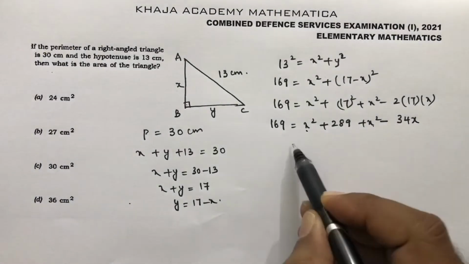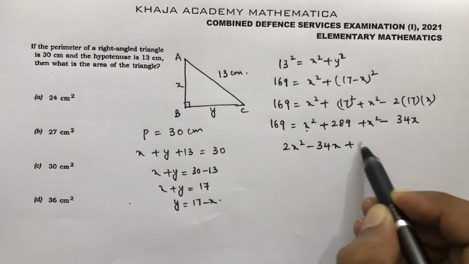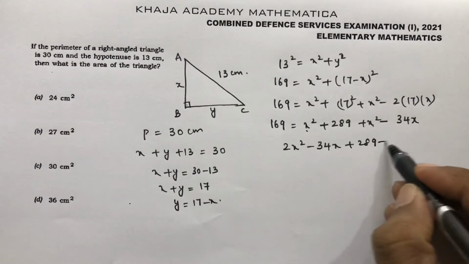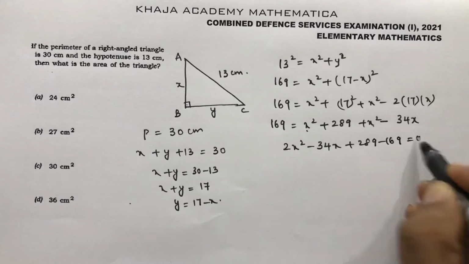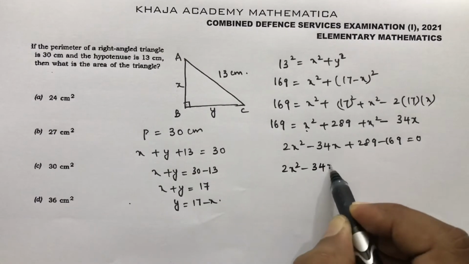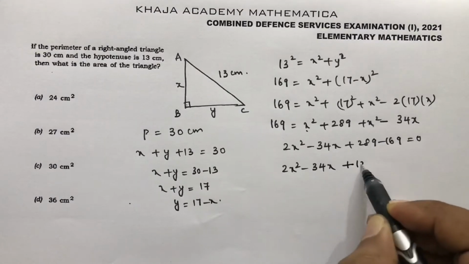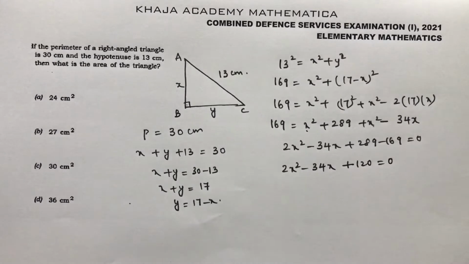Now x squared plus x squared is 2x squared, minus 34x plus 289 minus 169 equals 0. So 2x squared minus 34x plus 120 equals 0.